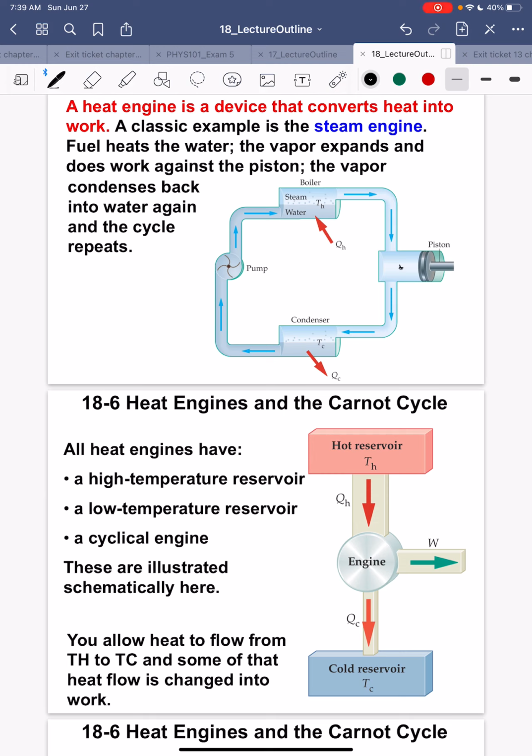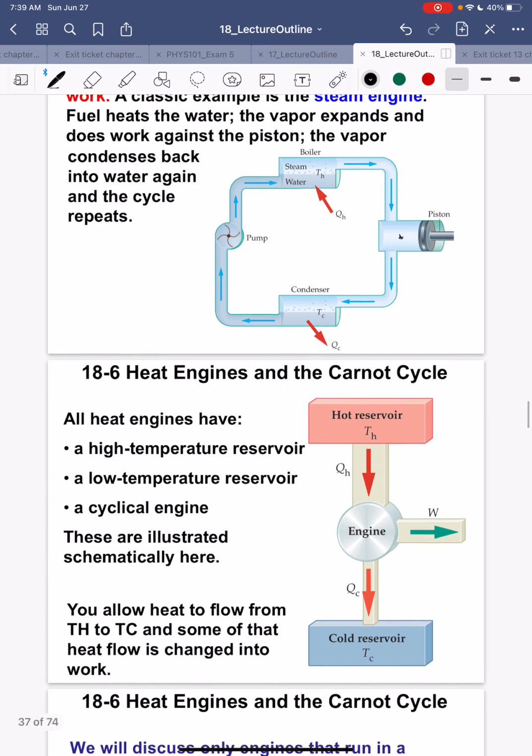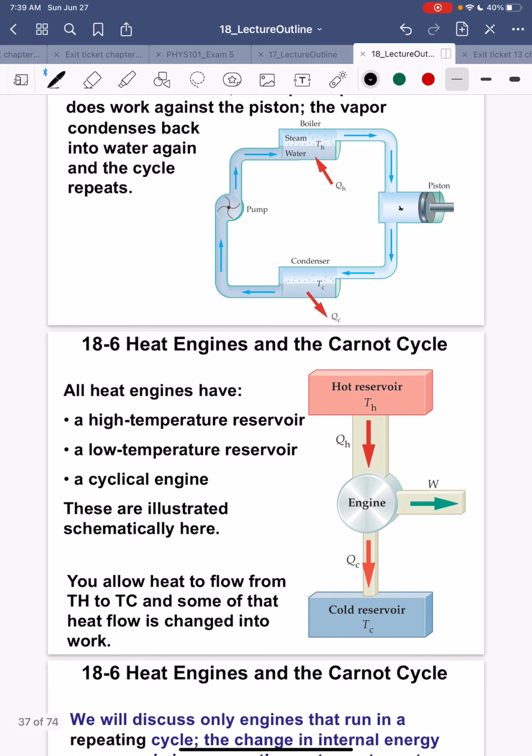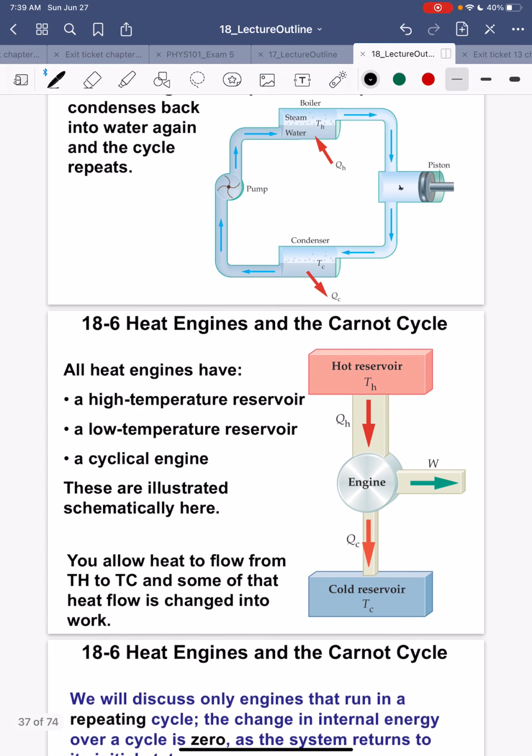We also have a cyclic engine that makes work to be done. To allow heat to flow from TH to TC, some of that heat flow is changed into work. Then we will see that QH is equal to W plus Q cold.